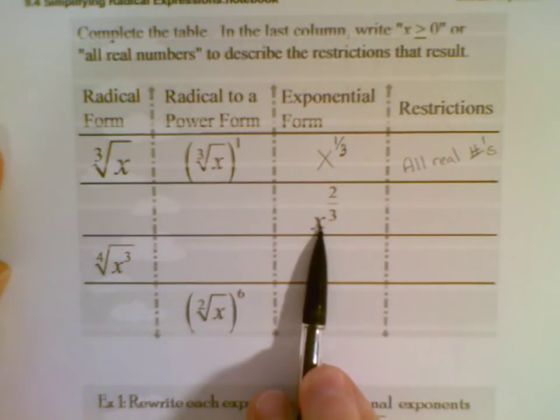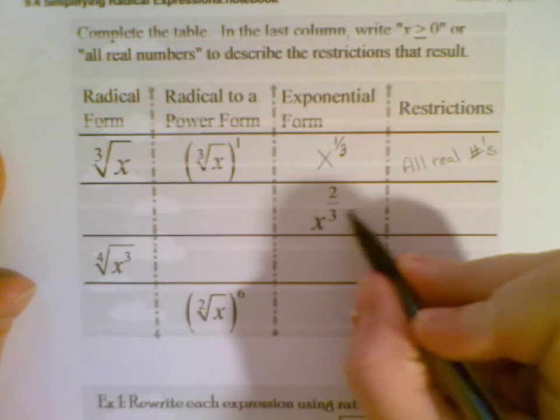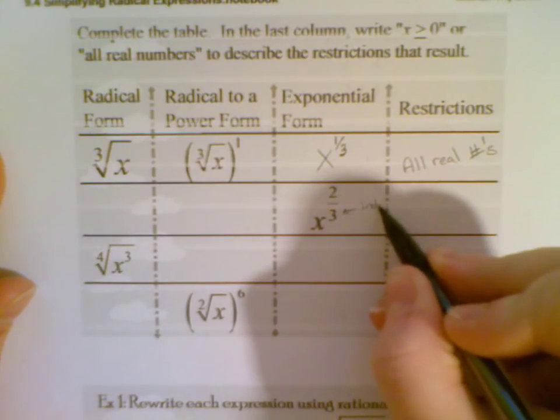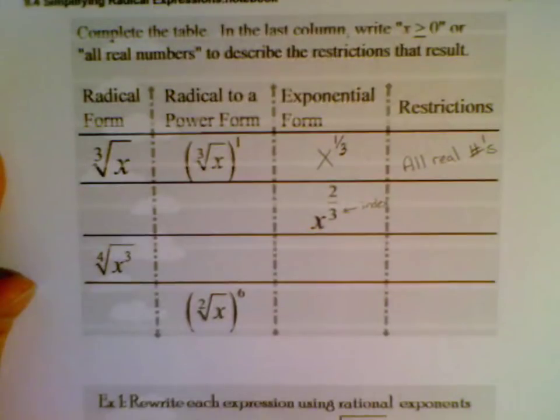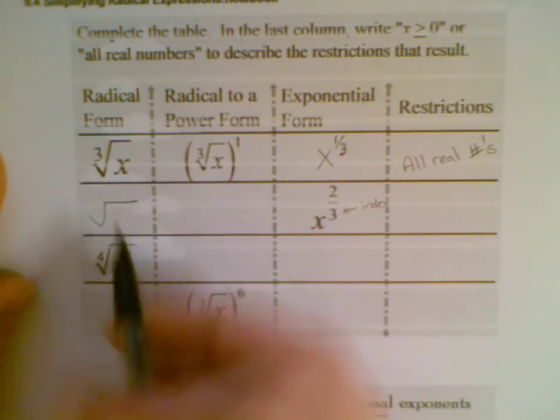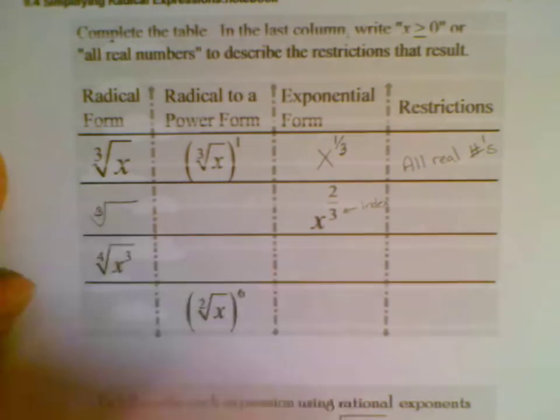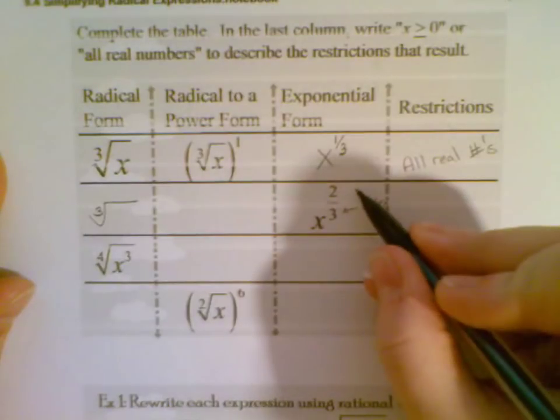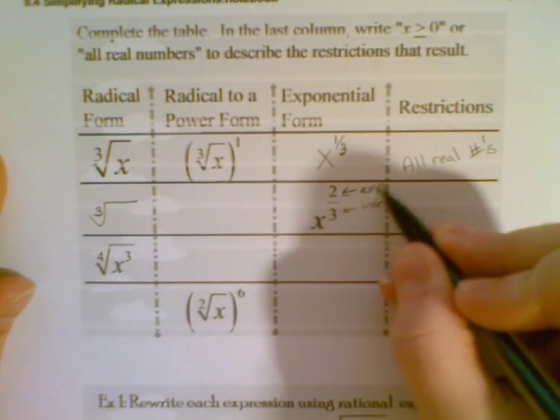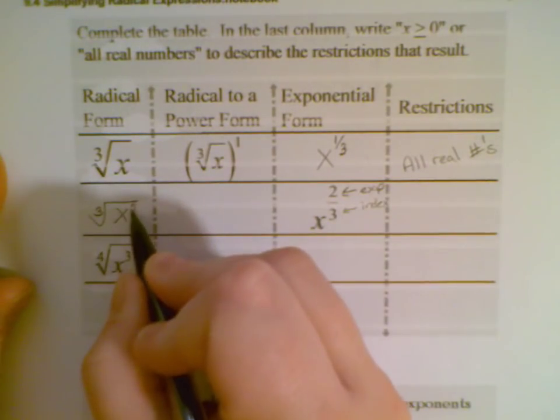Okay, all right, let's go to the next one. This one, they gave us exponential form. So this 3 is our index. I know that in radical form it's going to be a cube root, and then this 2 is our exponent, so it's going to be x squared.